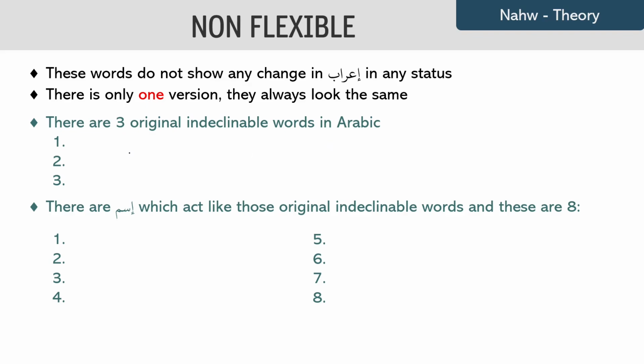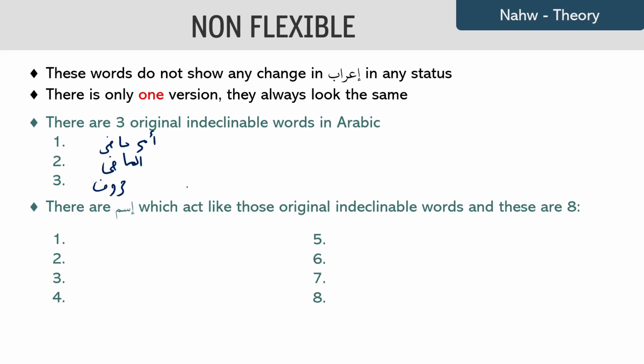In Arabic, there are originally three mabni categories. So these are not isms. They're words in Arabic that are mabni by origin. These are your amr and madi verbs, so your imperative verbs and your past tense verbs, and your huruf. They never change under any circumstances.